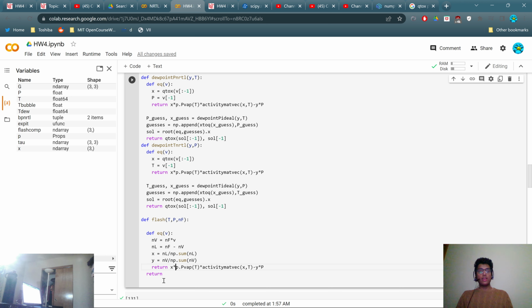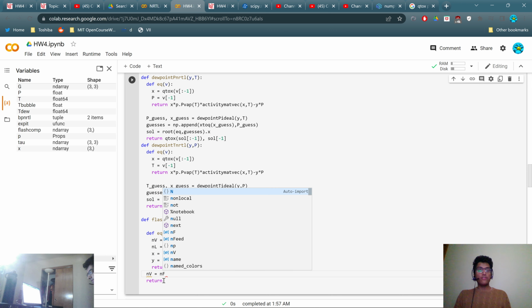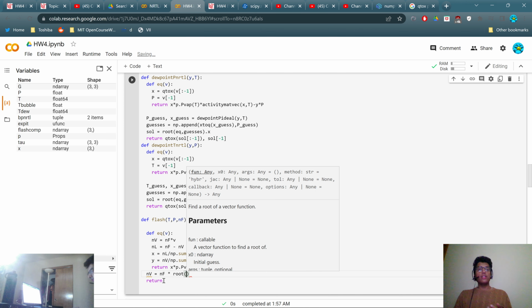We have our x, we have our temperature, we have our activity matrix, we have our y, so let's keep going. That's our guess, but for our actual, NV equals NF times root, and so we're going to find the roots of our equation.